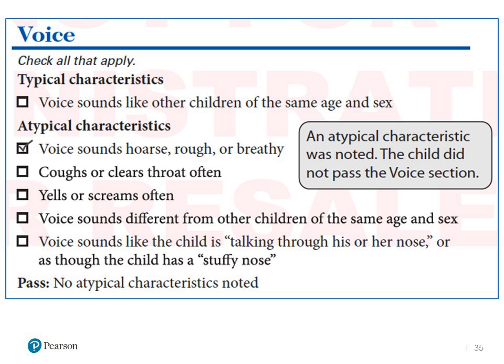Their voice sounds different from other children of the same age and sex. Their voice sounds like the child is talking through his or her nose, or as though the child has a stuffy nose. So again, pass criteria here is that they have no atypical characteristics noted. And in this situation, the child's voice sounds hoarse, rough, or breathy, so they would not pass the voice section.